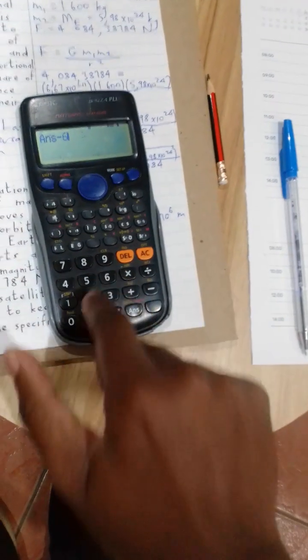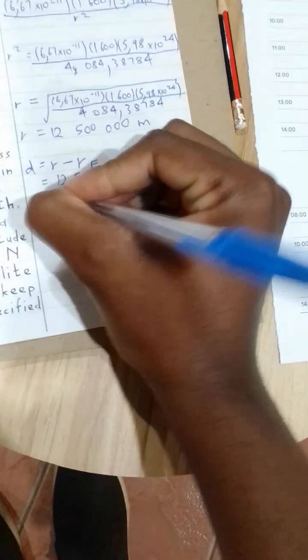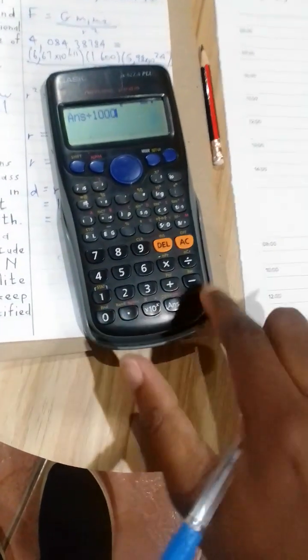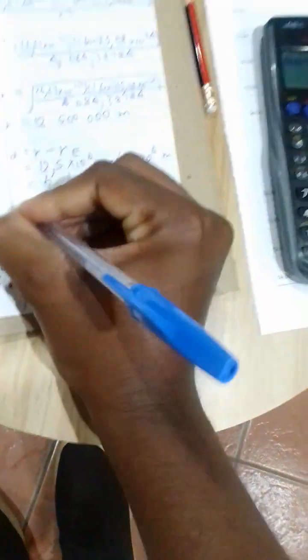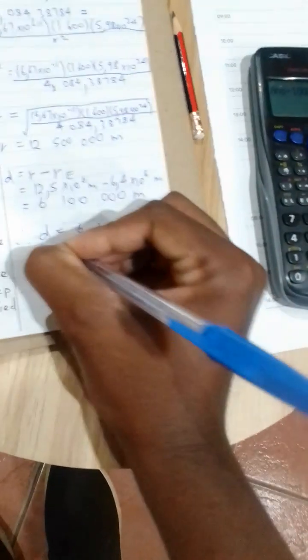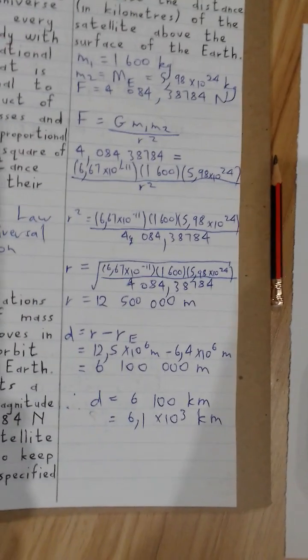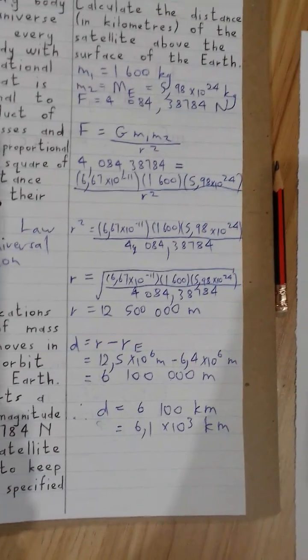Answer minus 6,4 times 10 to the 6. 6,100,000 meters. Then in order to write it to kilometers, we divide by 1,000. 6,100 kilometers. Or you can say 6,1 times 10 to the power 3 kilometers in scientific notation. I know those steps may have been too hard, but it does require practice, and I hope that makes sense.